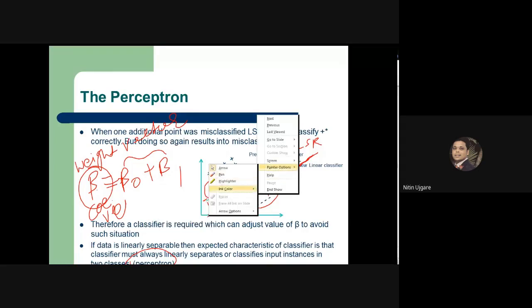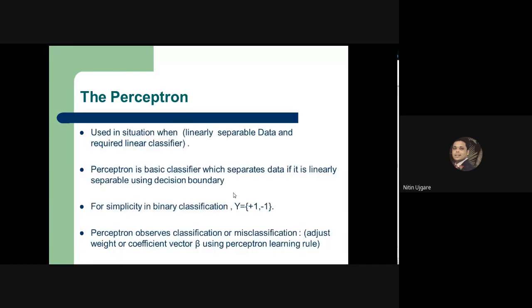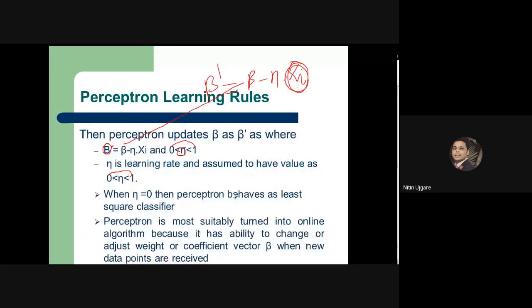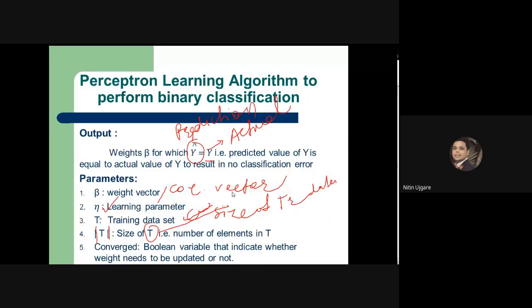Can anybody tell me what would be the possible decision boundary to correctly classify this point? So the next possible decision boundary could be like this, which correctly classifies this point as well as this point. So we update the weight every time the instance gets misclassified. Ideally we update the weight of the perceptron whenever a training instance gets misclassified.